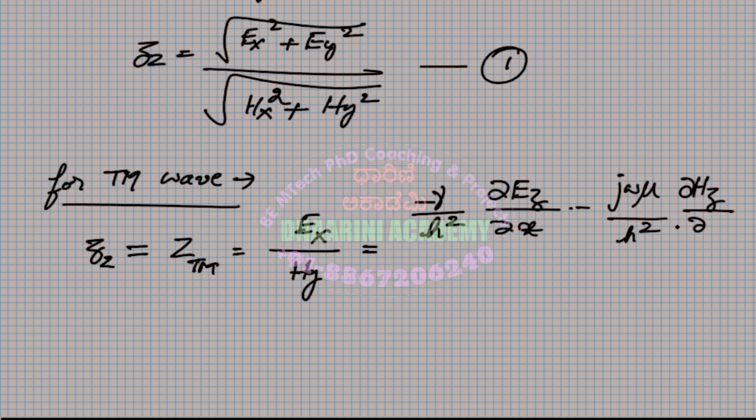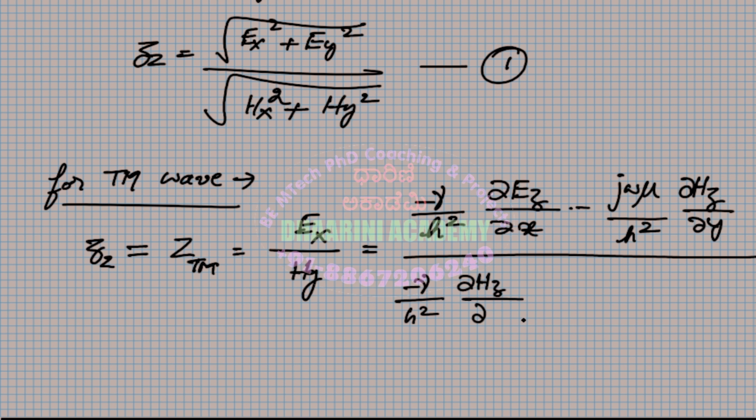Now this is once again minus gamma divided by h square, dou Hz by dou y, minus j omega epsilon by h square, dou Ez by dou x. Okay, so we have this.